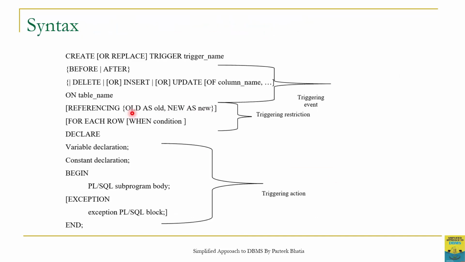As discussed in the syntax of trigger, we can give our own names to keywords old and new by using the statement referencing old as old, new as new. Here old written in lowercase and new written in lowercase refers to user defined names for old and new keyword.